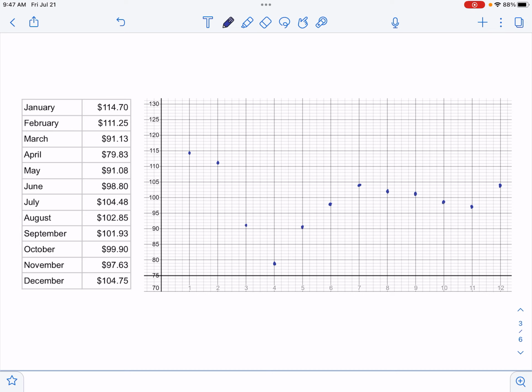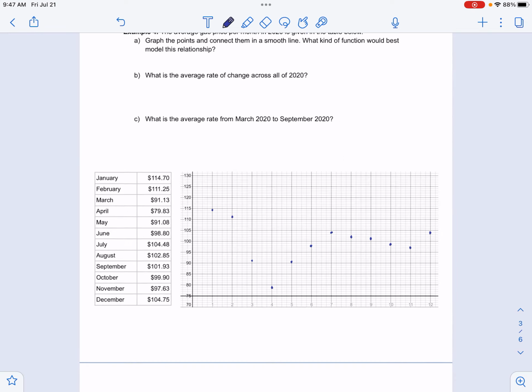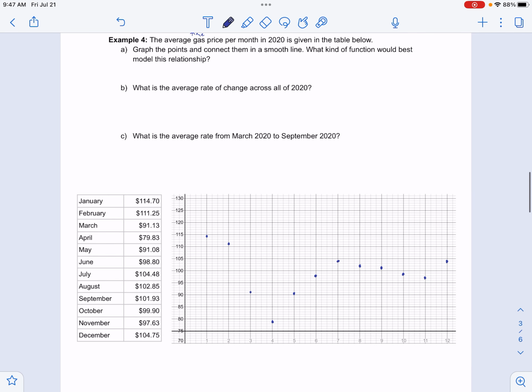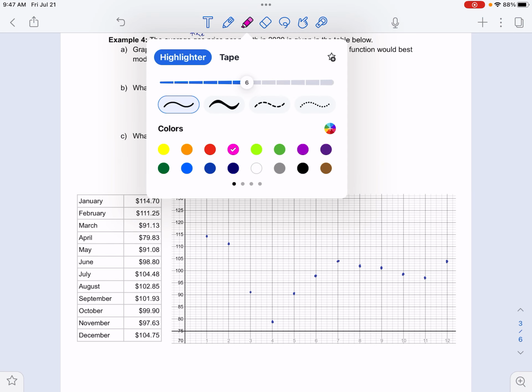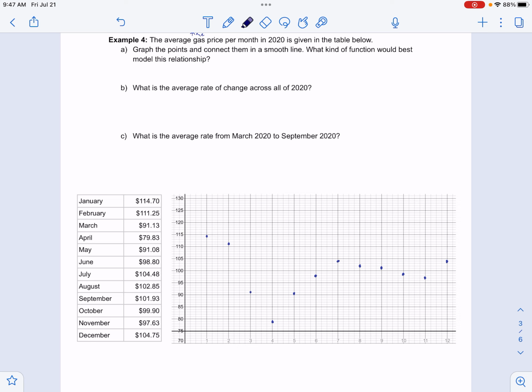Okay. So we were asked to graph the points and connect them in a smooth line, which I will do as smoothly as possible here. Beauty. Okay, what kind of function would best model this relationship?